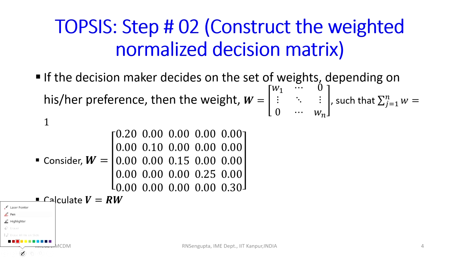So, considering normalization, first I will use different colors to highlight the concepts. We will normalize according to how the rows and the columns have been represented. For our example, we are taking the alternatives along the rows and the columns are the criteria.